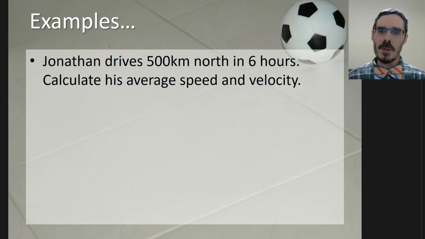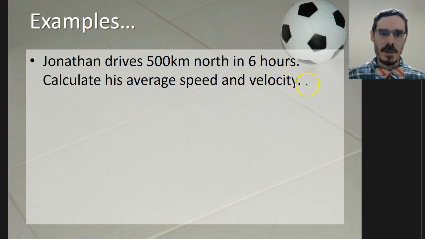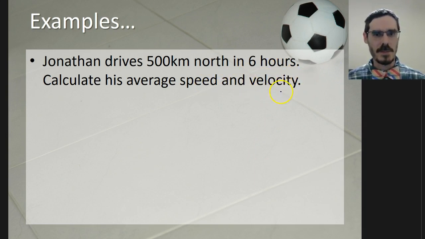The second example is to show you speed and velocity. Jonathan drives 500 kilometres north in 6 hours. Calculate his average speed and velocity. Now, the only difference here between speed and velocity is that velocity is going to have a direction because it's a vector.